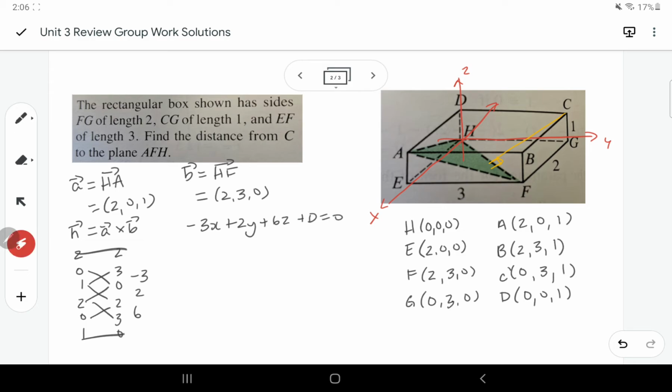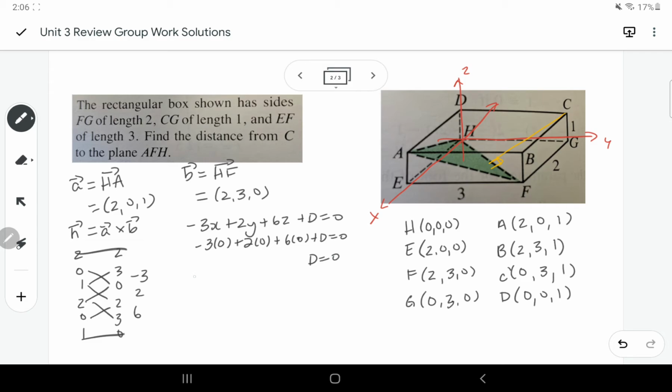And I need to just sub in any of the points here, either H or A or F. I'm going to sub in H because obviously that one's pretty easy with it being 0. So D is 0.